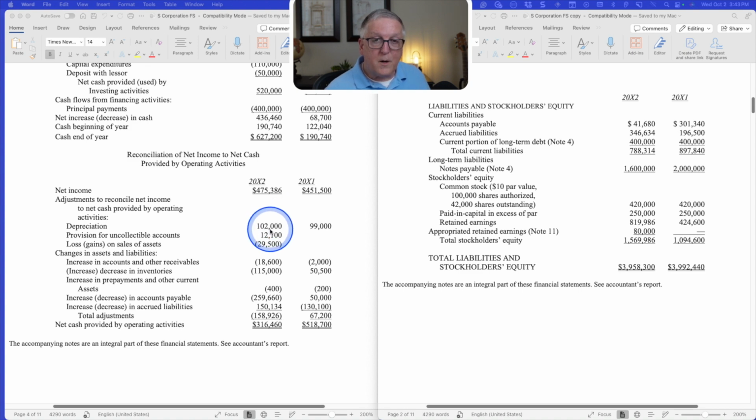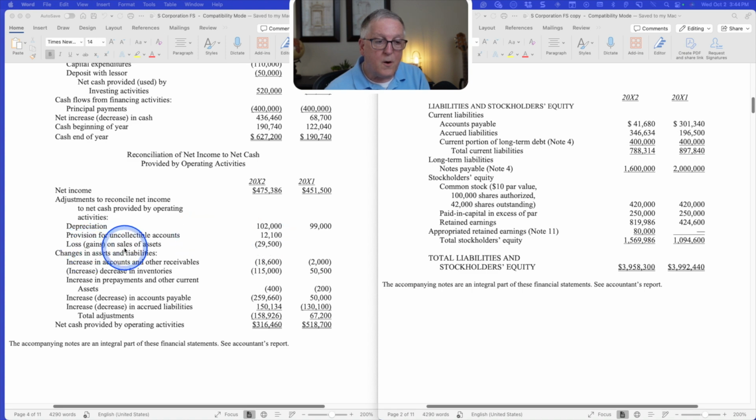Well, based on depreciation, there's no money going in and out of any of those buckets. So I need to remove that distortion from the cash flow statement because my objective is to come up with the ending cash. We started with this much cash, we ended with this. So if we're using the indirect method, we start here and we're adding and subtracting non-cash transactions.